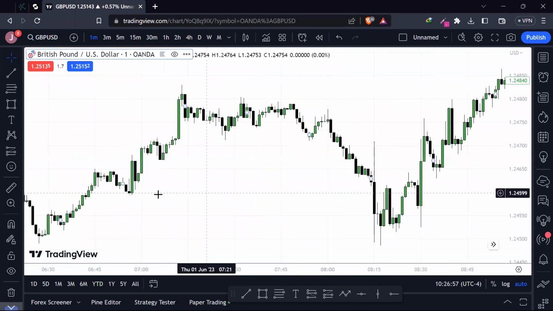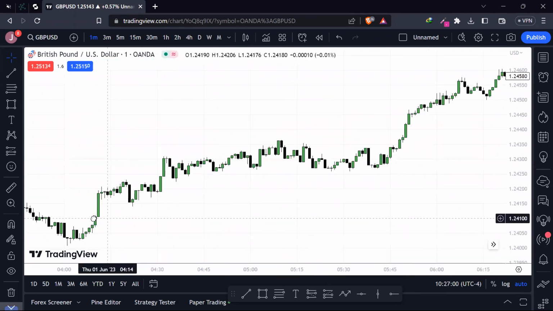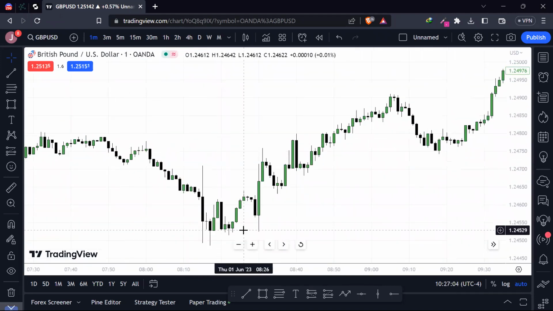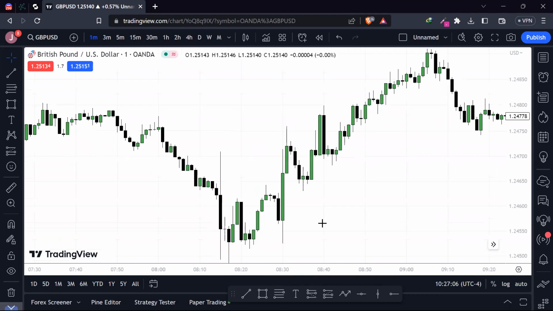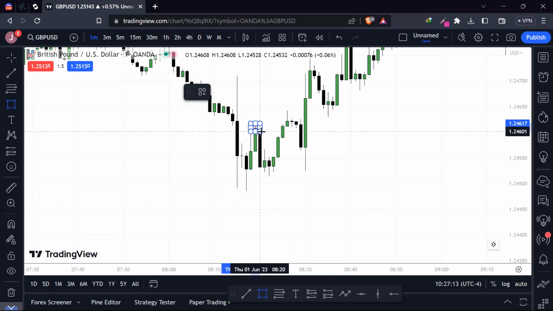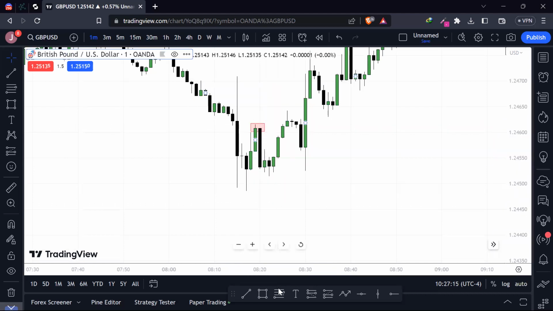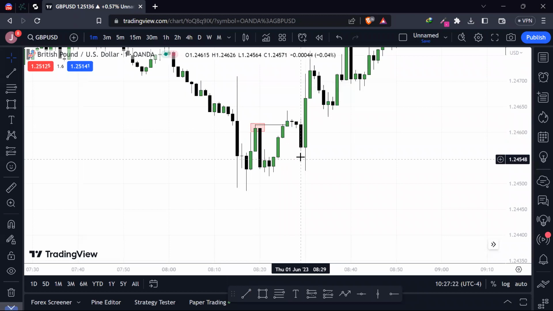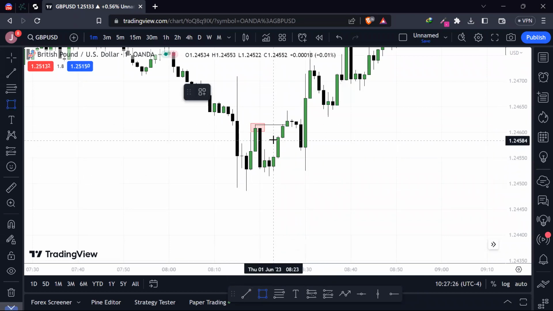Let's see. You can see right here, this is the swing high. Price breaks this swing high with this green candle right here, but the price leaves a fair value gap right here.